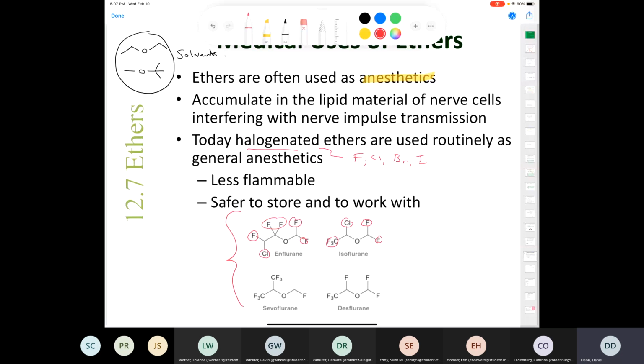The reason we put all those halogens on there is several-fold. First of all, they're less flammable, so they're much safer to work with. Also, they don't have the nasty side effects that simple ethers like diethyl ether do. So we've steered away from diethyl ether since the Civil War ended a long time ago, and we use much more modern ethers now.